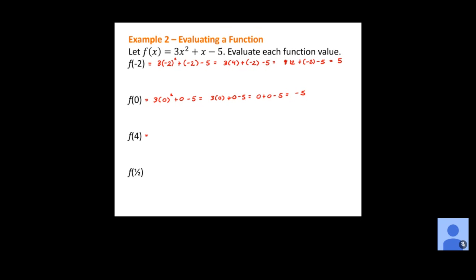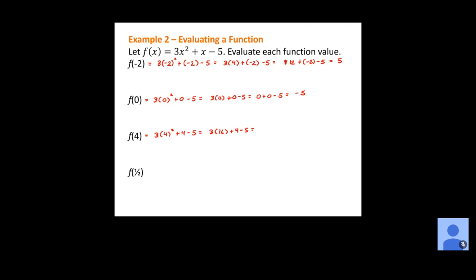All right, let's look at f of 4. Same order of operations here. So what's 4 squared? 16. Good. We have 3 times 16 plus 4 minus 5.